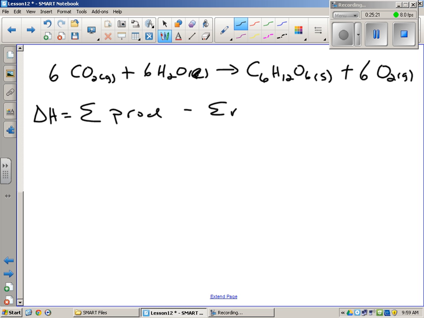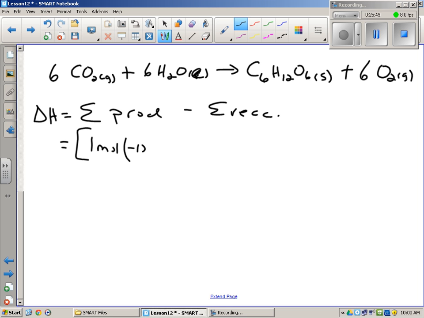It's never a bad thing to write this down, guys. And that's all I do. I'm not going to get too crazy with formula kind of thing. It's the products minus the reactants. Okay? So we got 1 mole, and in fact, 1 mole times C6H12O6. So you're going to have to look that up, of course. Where is it here? Glucose.